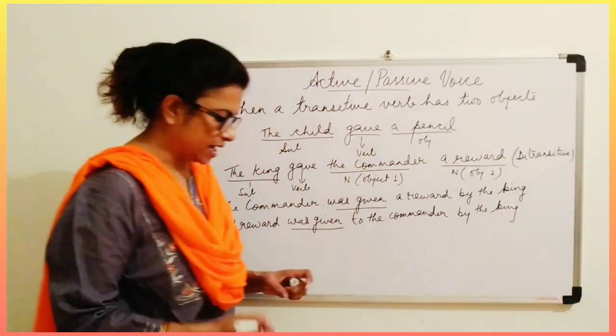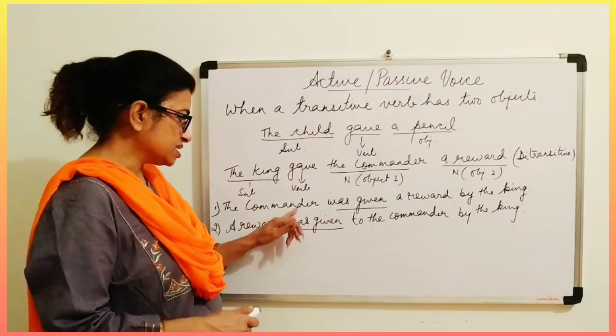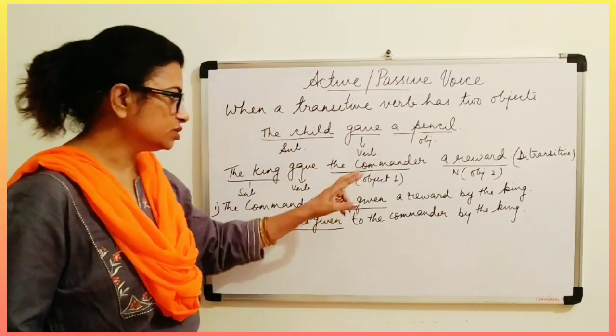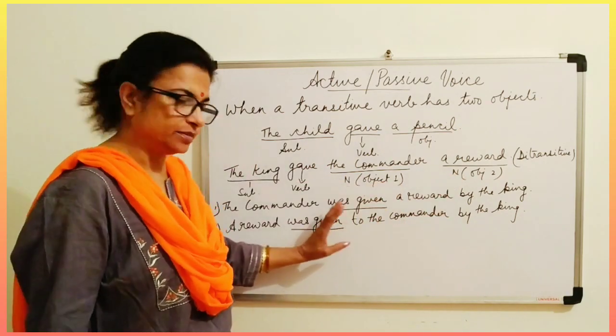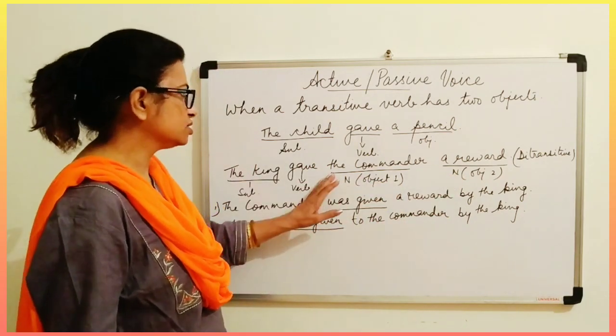Now in this way we can frame passive voice in two ways by using one object at a time, isn't it? So this you must keep in mind.